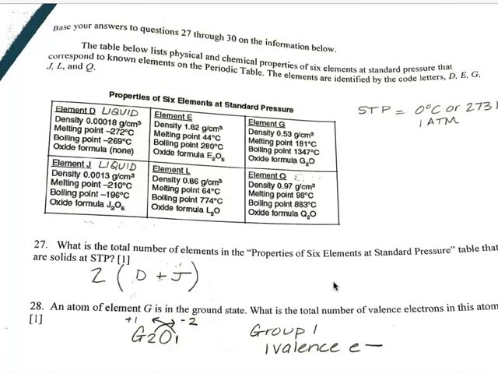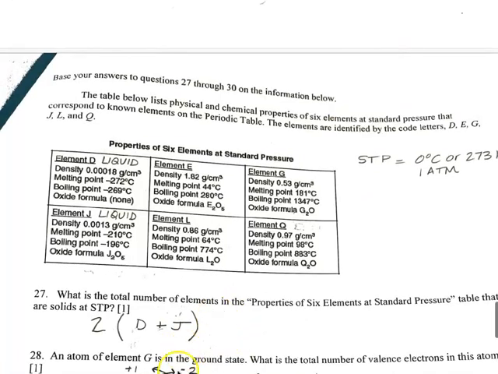All right, so what is the total number of elements that are solids? Solids. Again, I put the wrong answer here because they want solids. So if I'm at solids, this is the wrong answer. Let me see if I can get a pen and cross that out. All right, so this is the wrong answer.